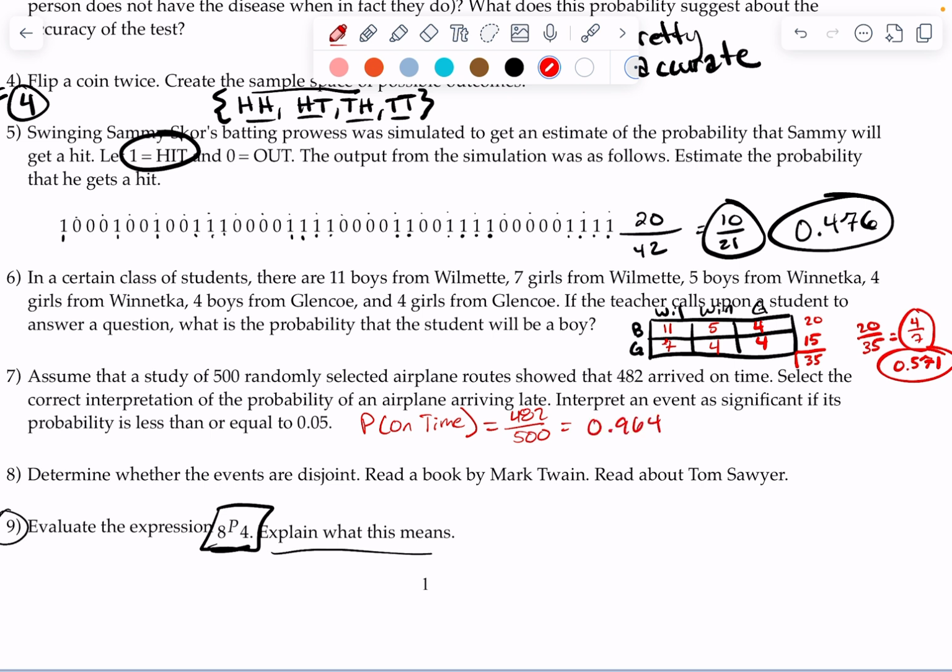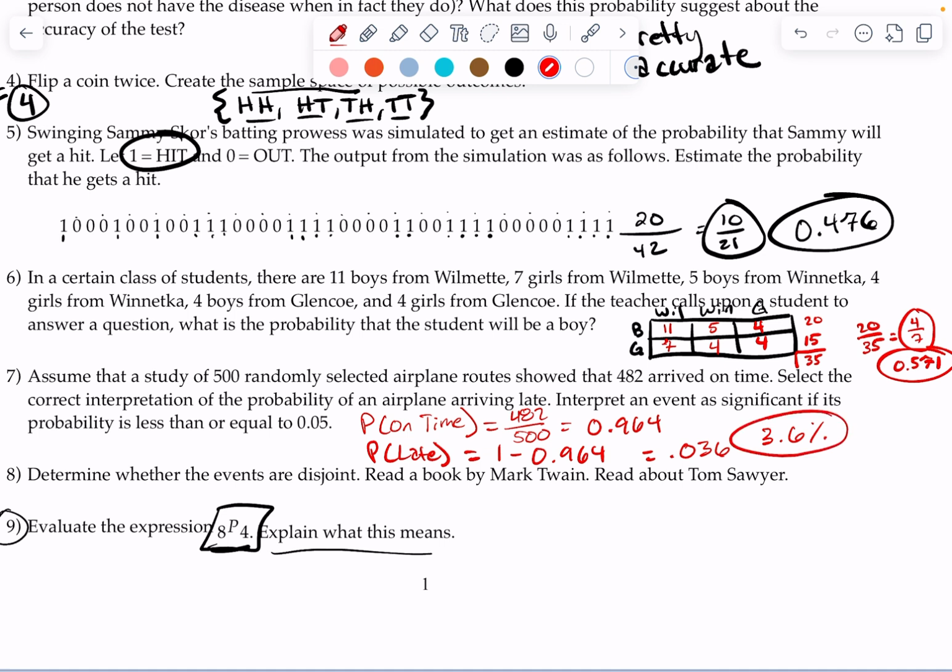Probability of late is 1 minus that, 1 minus 0.964, which is 0.036, or 3.6%.